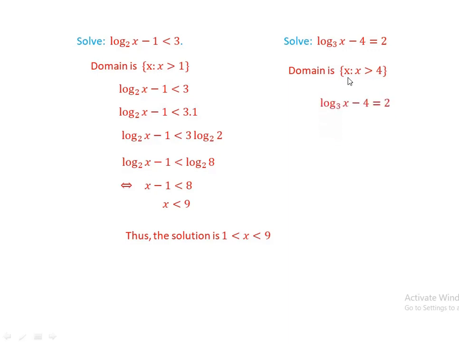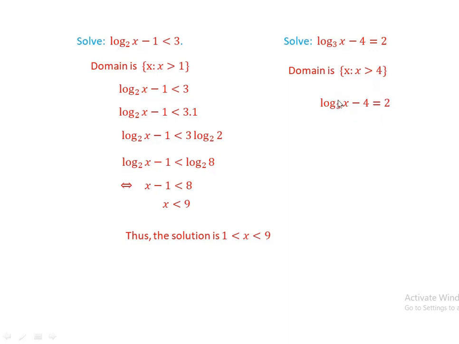Now to solve this, the expression is given: log of x minus 4 in base 3 is equal to 2. Now, by expressing this in exponential form, y is equal to log of x in base b if and only if x is equal to b to the power of y.